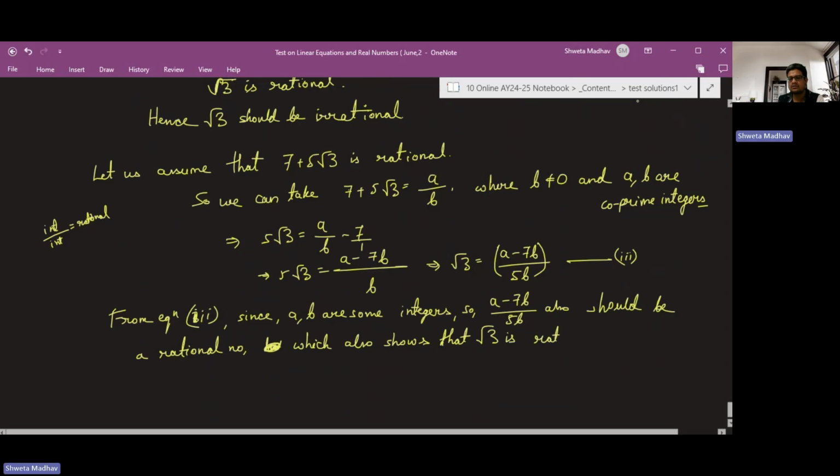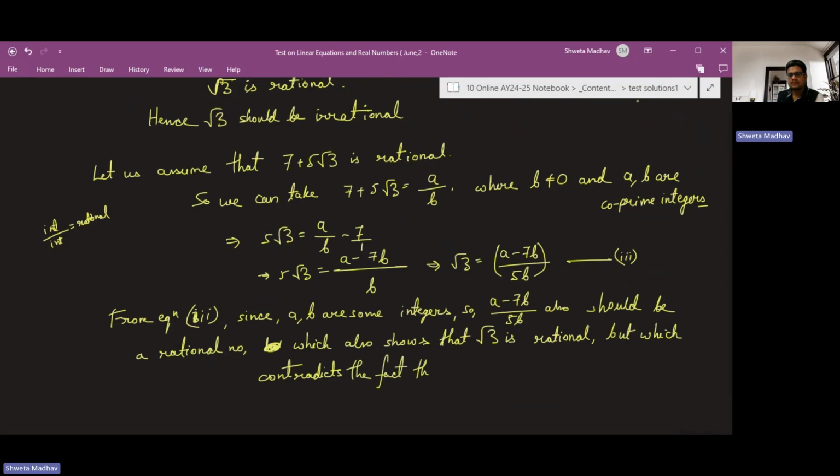But this contradicts the fact that root 3 is irrational.